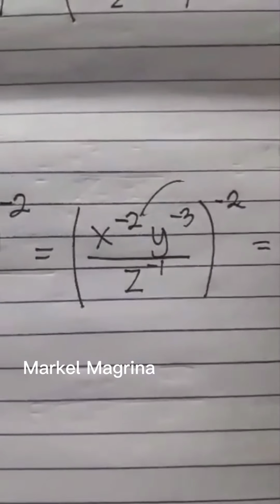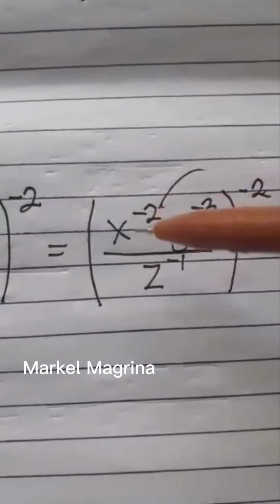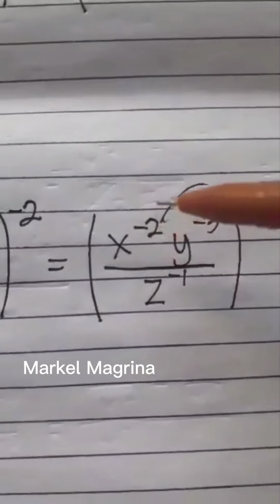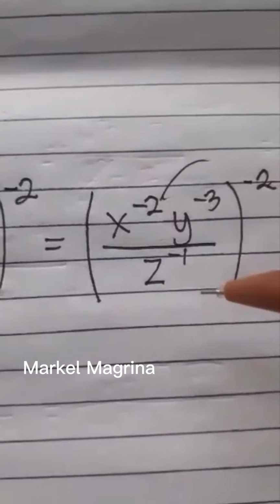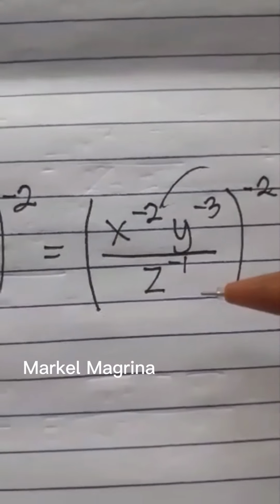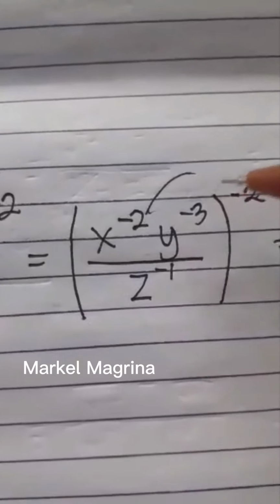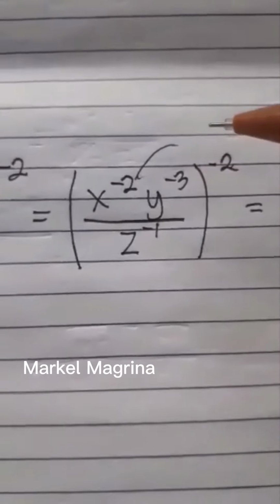Then, the equation that remains is quantity x to the power of negative 2, y to the power of negative 3, over z to the power of negative 1, quantity to the power of negative 2.